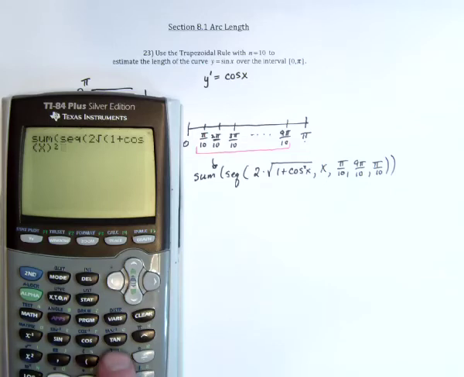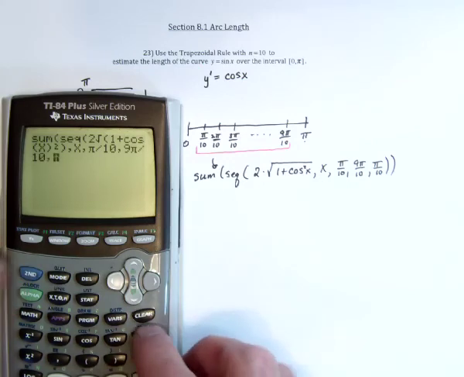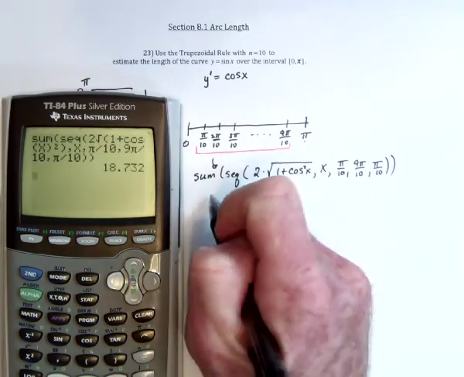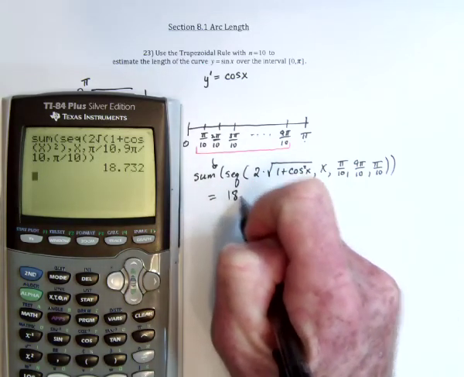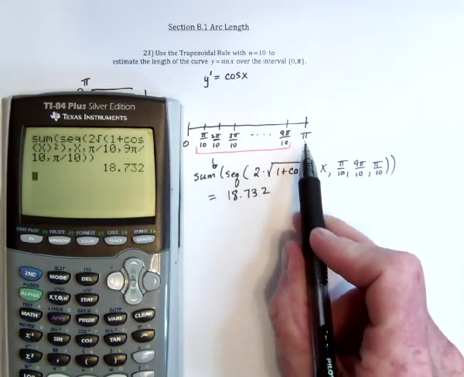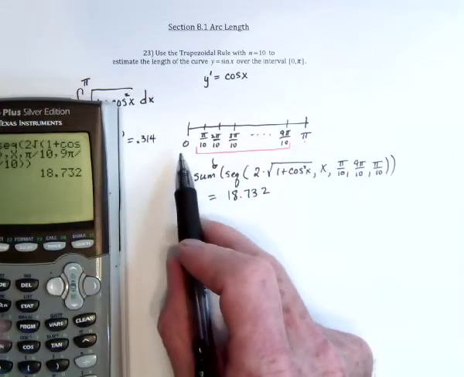And then I need to close the square root, till x goes from pi over 10 to 9 pi over 10 in increments of pi over 10. 2 parentheses at the end. So this much of it is 18.732.